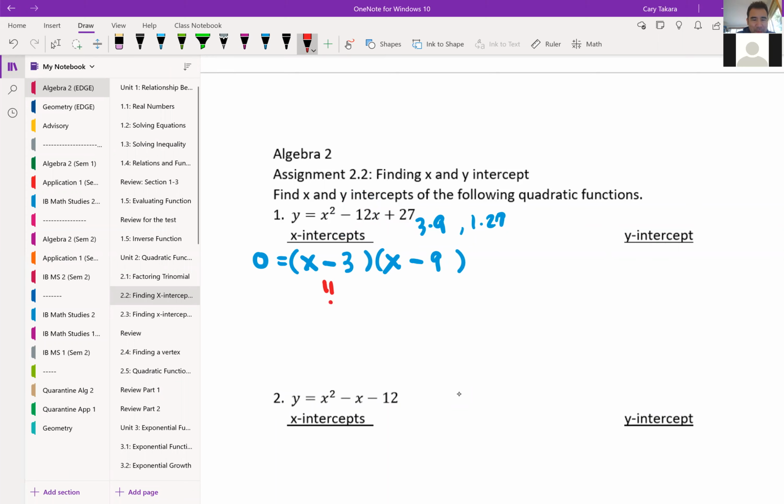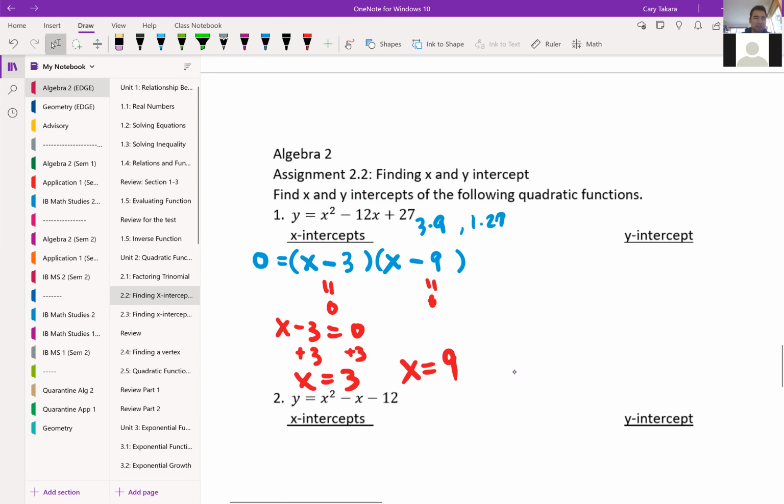You set each parenthesis equal to 0. You've got x minus 3 equals 0. And so if you add 3 on both sides, x equals 3. In other words, it's just going to be the opposite number, isn't it? It's going to be x equals 3 and x equals 9. And that's it. So the x-intercepts are (3, 0) and (9, 0).